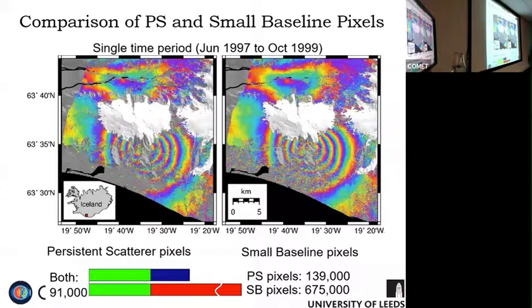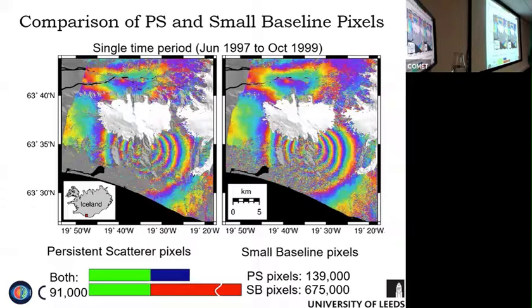So if you compare small baseline with PS, you would expect to see the same signal, but not necessarily the same pixels selected. So you can see, if you look closely, small baseline selects more pixels. It's apparent in this area here, you can see the gaps are much smaller. There's some overlap in the pixels selected because in essence you're looking for coherence, so you expect some overlap.